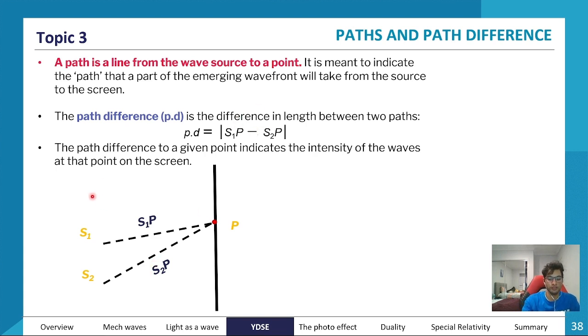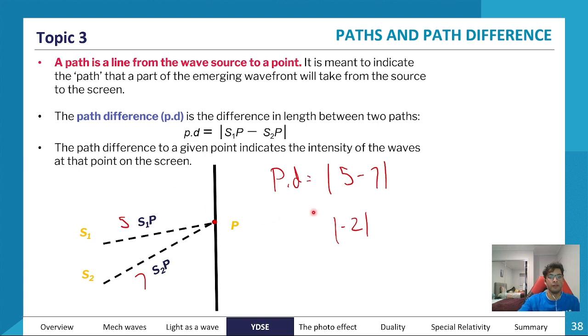So essentially, you're just subtracting distances. Let's say this travels 5 meters, this travels 7 meters. The path difference is equal to 5 minus 7, which gives us -2. Because we're taking the modulus of it, it's just 2.